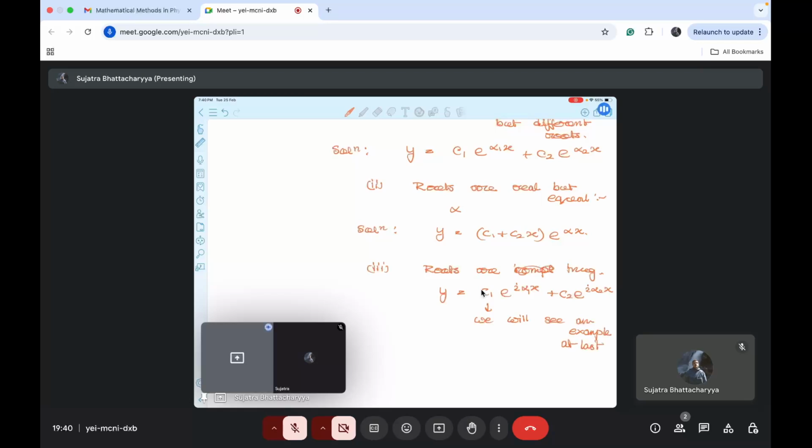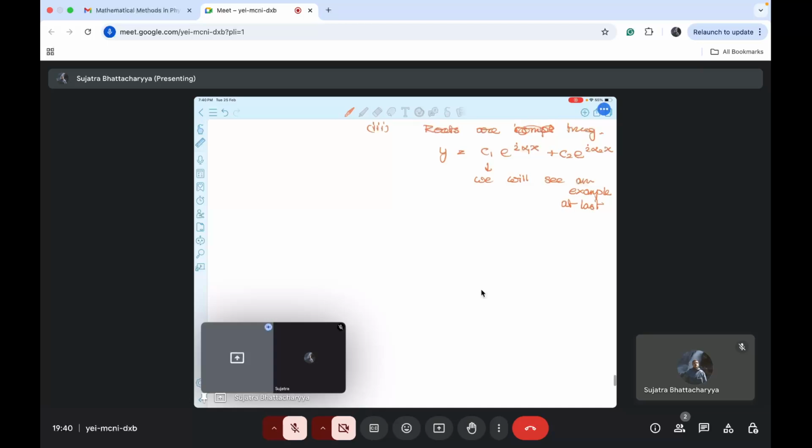Okay. For each of these we will have some examples, but generally what we do is that we write it in terms of sine and cosine. So the solution for this is y is equal to a cos alpha x plus b sin alpha x. This is what we do.